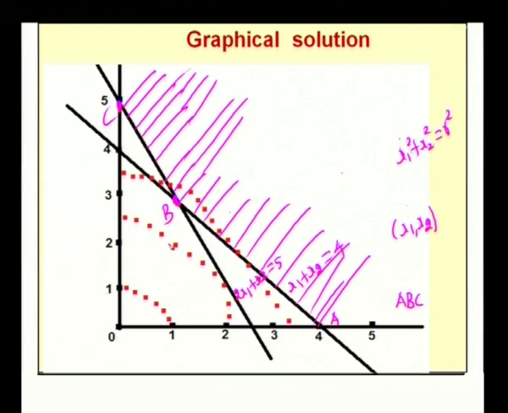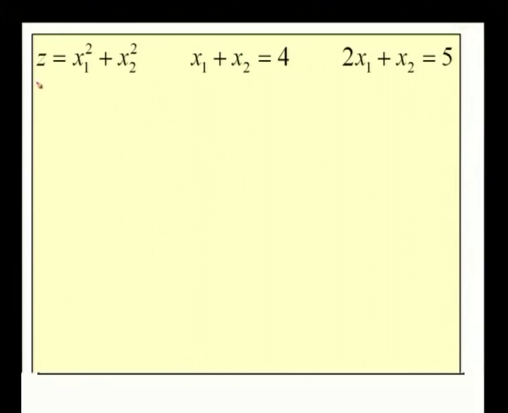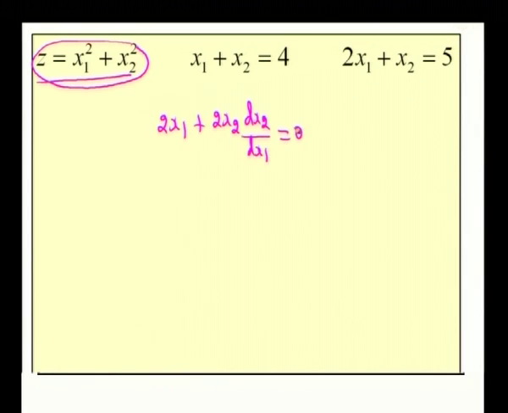In order to find which side of the convex region is tangent to the circle, we should find the gradient of the tangent to the circle and the gradient of the straight line. Our next idea is to find the gradient of the tangent to the circle. To do this, we have to differentiate this equation with respect to x1. By differentiating, we have 2x1 plus 2x2 dx2 by dx1 equal to 0.